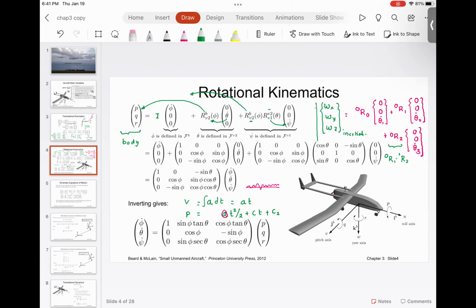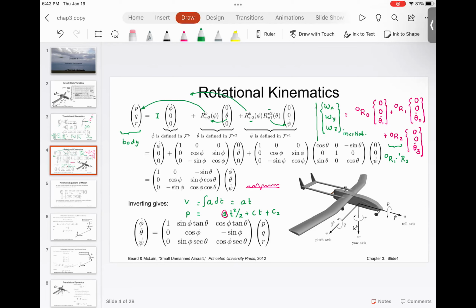If you have not attended my robotics 1, please go on to YouTube, where there are videos for robotics 1. Just look at the calculation of the rotation rates, omega x, omega y, omega z, in the lecture, and you will see that I have used the exact same technique. Everyone understood this?